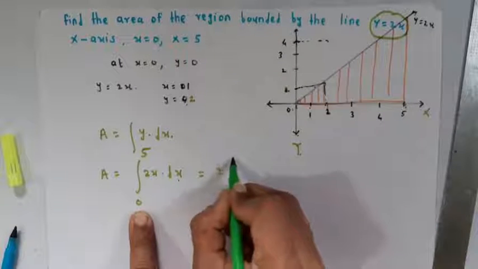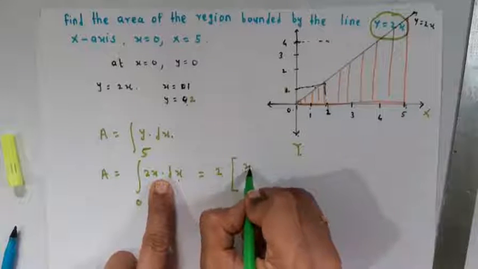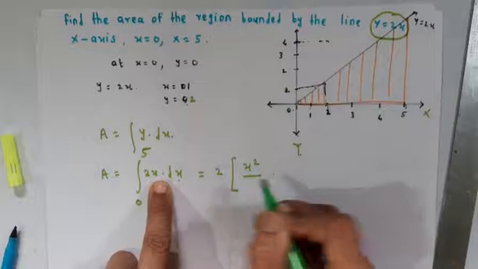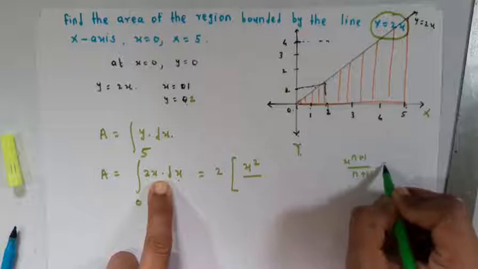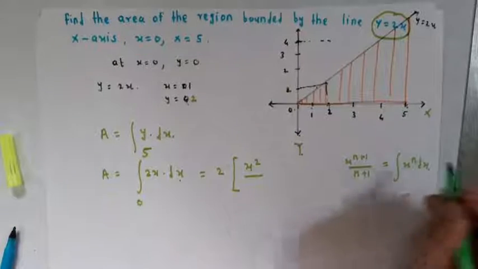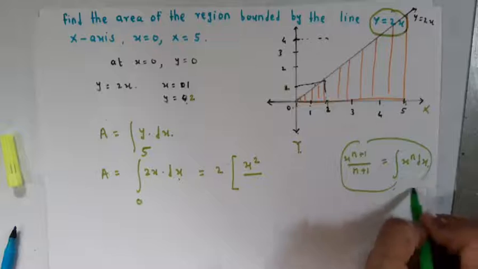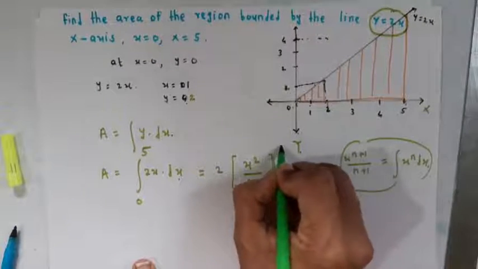So 2 is a constant, and the integration of x with respect to x, by using the x raised to n formula, is x raised to n plus 1 upon n plus 1. This is the integration of x raised to n with respect to x. Now we get x square upon 2, limits 0 to 5.